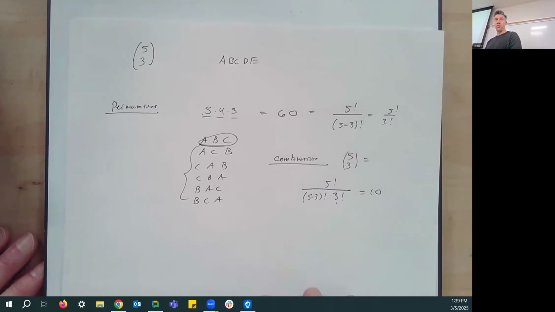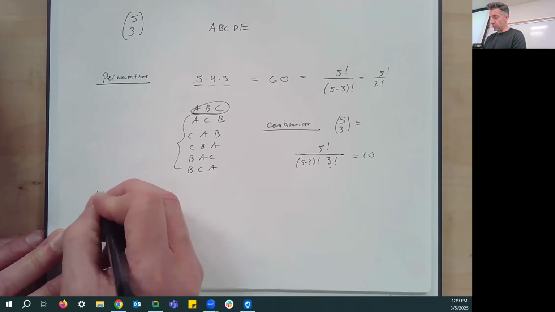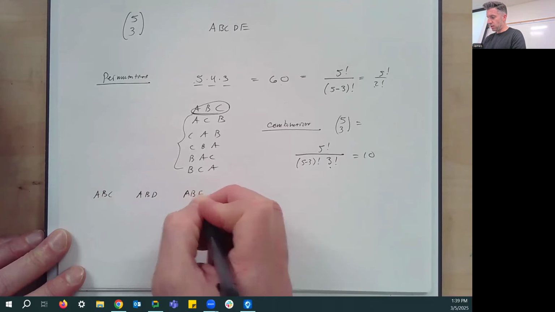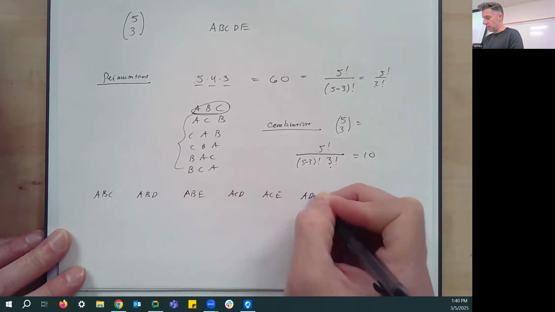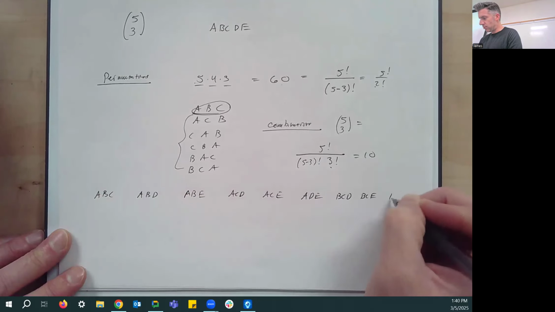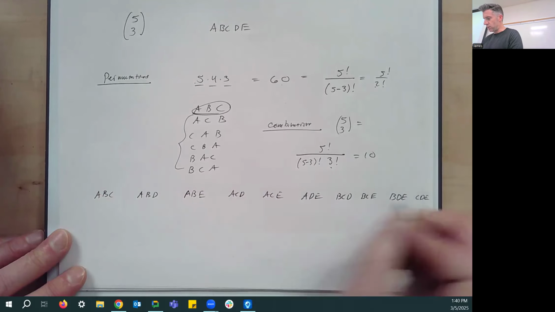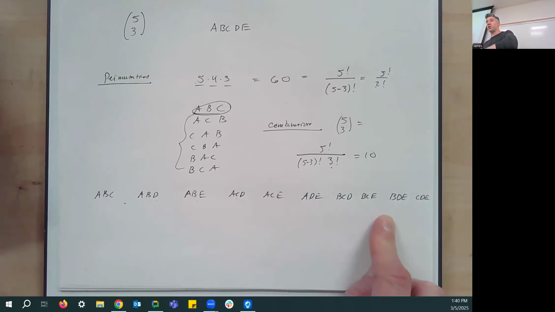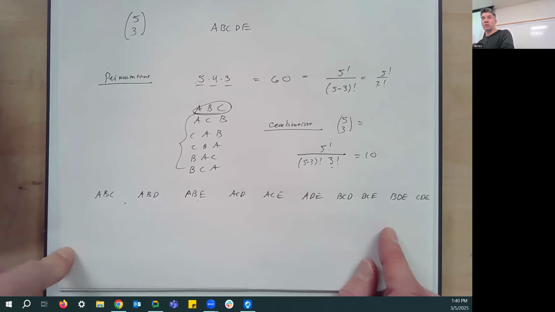And again, just to make it super explicit here, the 10 combinations are ABC, ABD, ABE, ACD, ACE, ADE, BCD, BCE, BDE, and CDE. 1, 2, 3, 4, 5, 6, 7, 8, 9, 10. For each of those 10 combinations, each combination has 6 permutations.